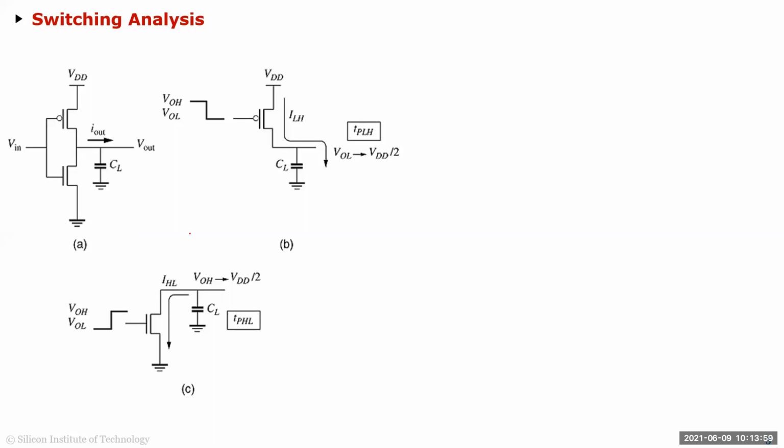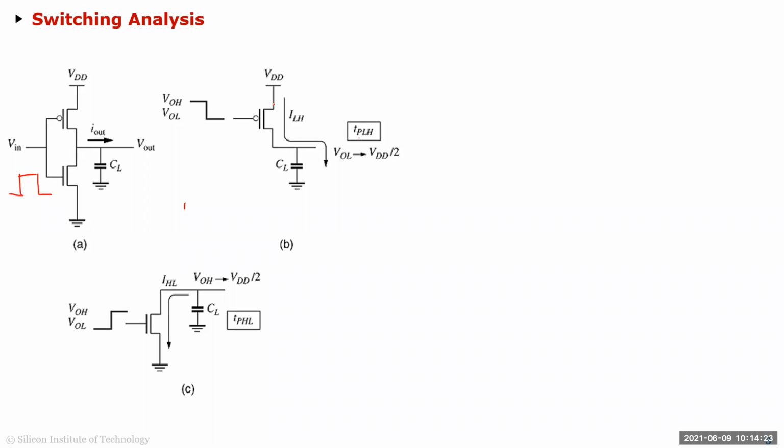Just quickly to show you what the expression for an inverter is. In an inverter, if you assume that your input is transiting infinitely fast, in the sense that you go from 0 to 1 instantly, then, for example, you can see this is for TPLH, so low to high.